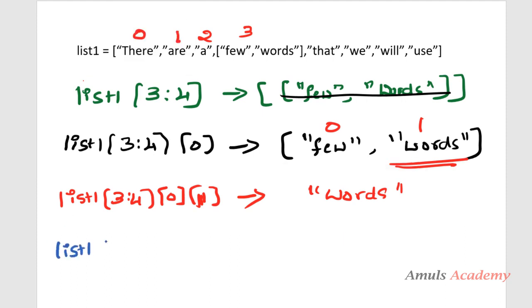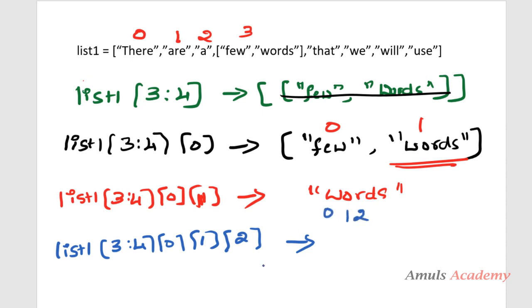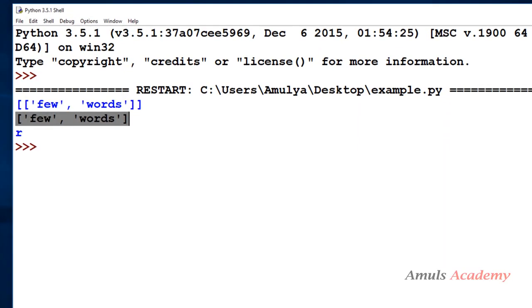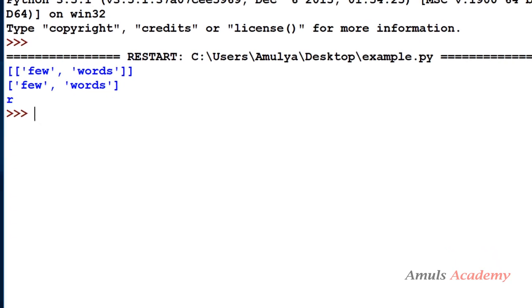So 0, 1, in that I want the element present in the second index. Here W is 0, O is 1, R is 2. So we want the element present in the second index, that is nothing but R. That's why in the output I got R. Here we can see. So this is about the indexing in the nested list.